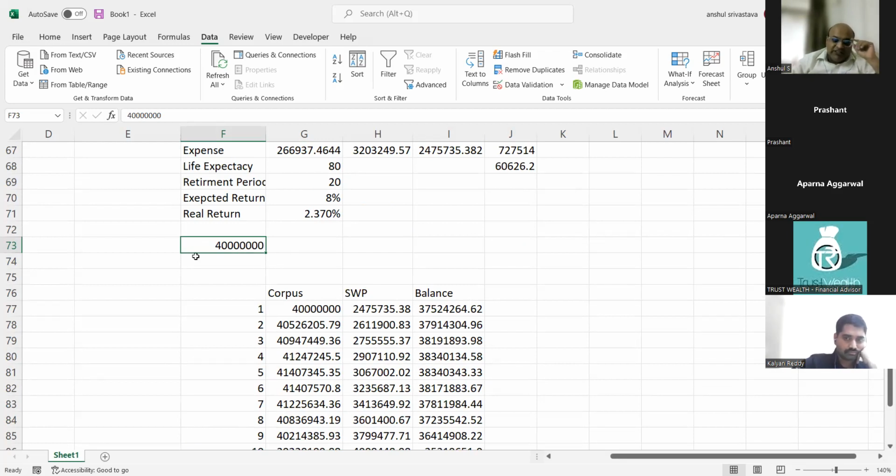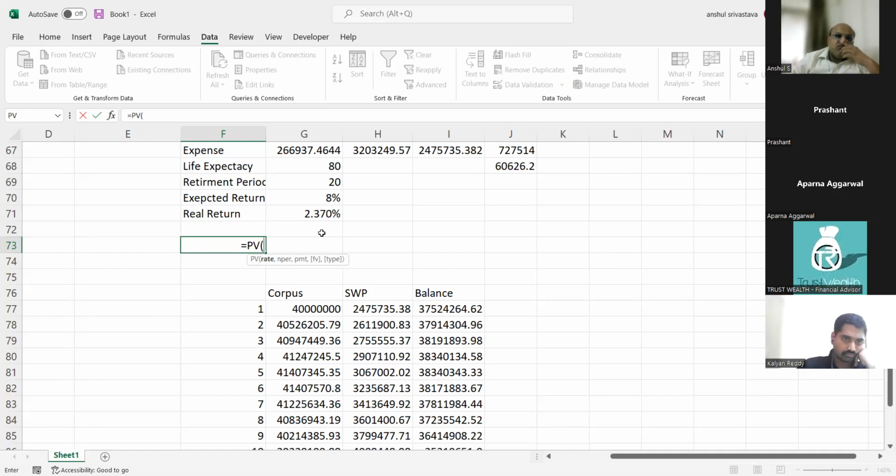Okay. ये वाला जो फॉर्मूला है ना, let's say इससे PV is, rate is 2.37%, NPER is 20, PMT is minus this amount, then future value में 1 crore डाल के देखते हैं. Let's see what happens.